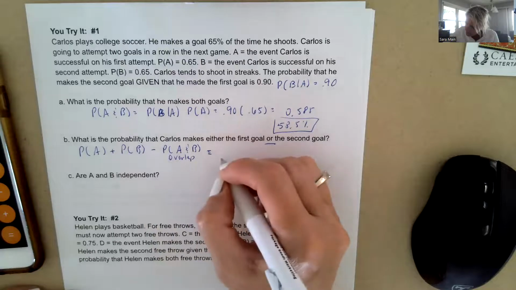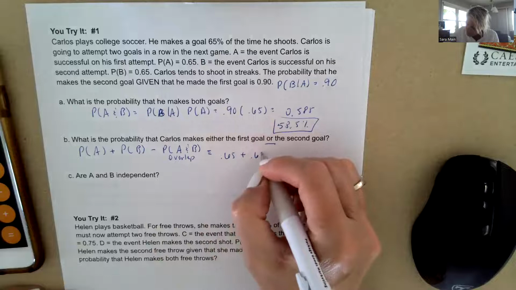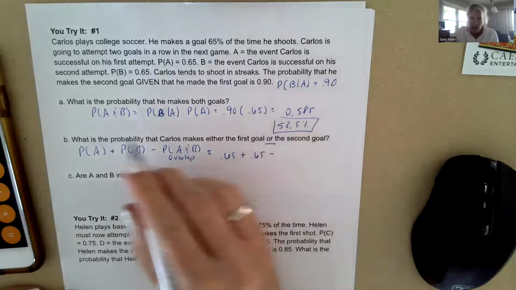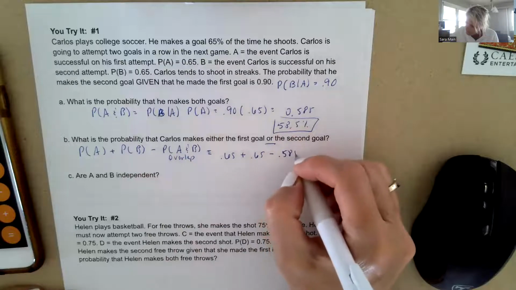So the probability of A was 0.65. The probability of B is also 0.65, minus the probability of A and B, which we just found in the first part, 0.585.